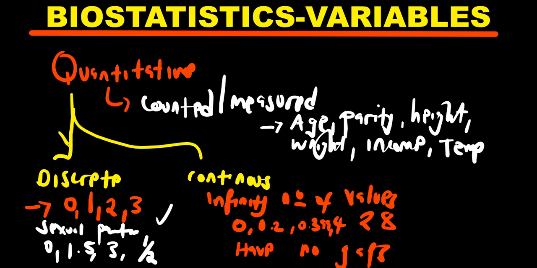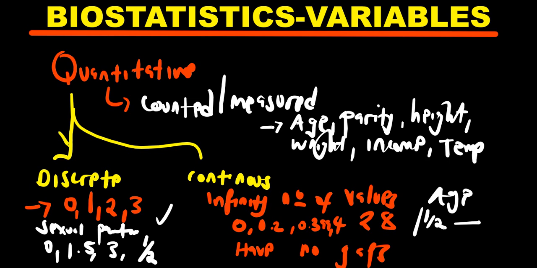On the other hand, we're talking about continuous. Is age continuous? Of course. Age, you can have an age of 0, you can have an age of 0.5, you can have an age of half or 1.5 years. Either way, age is a continuous variable.